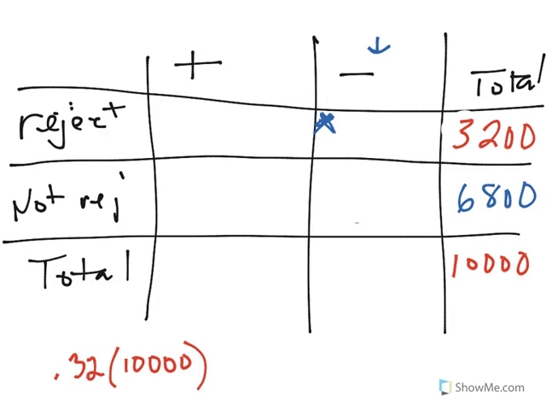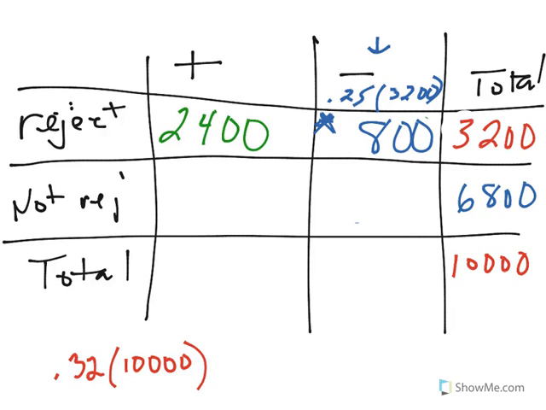So this is going to be 0.25, and because it's in the line with 3,200, that's what we're going to multiply by. So 25% of 3,200 gives us 800 false negatives. And then if you take 3,200 minus the 800, you'd get 2,400 over here, like the actual positives.